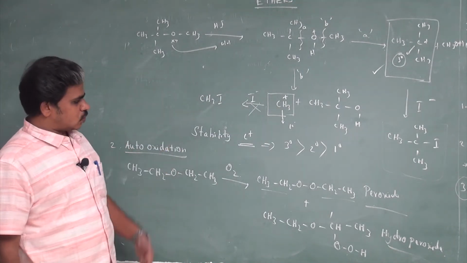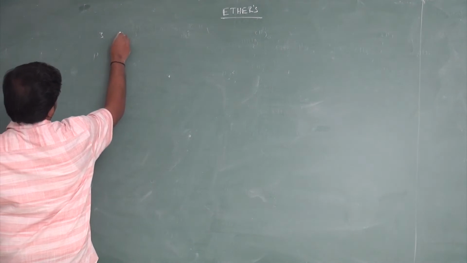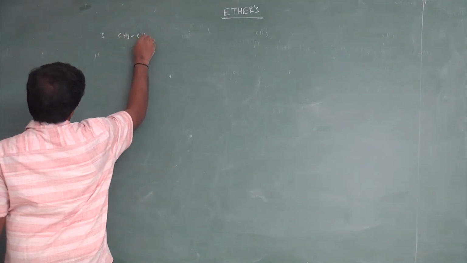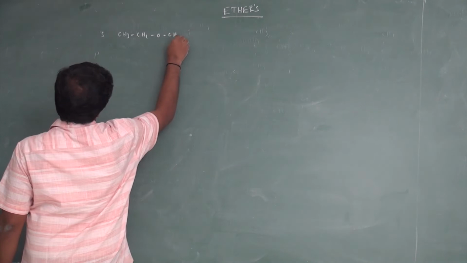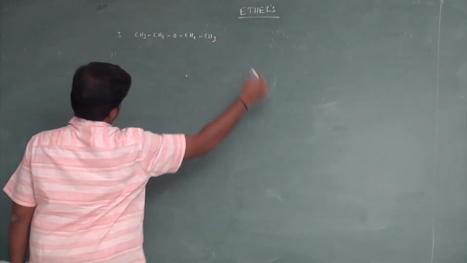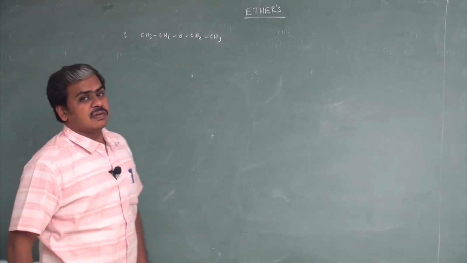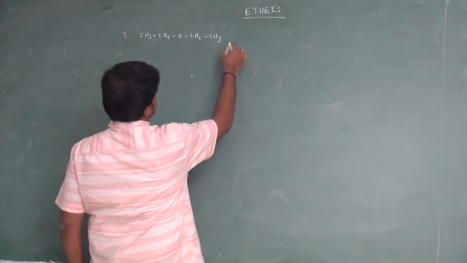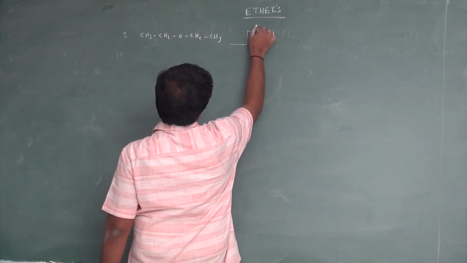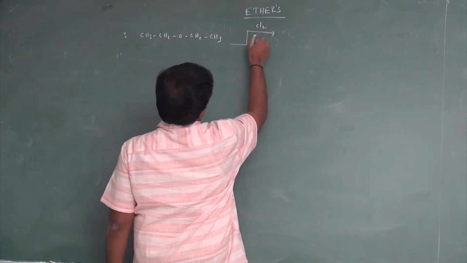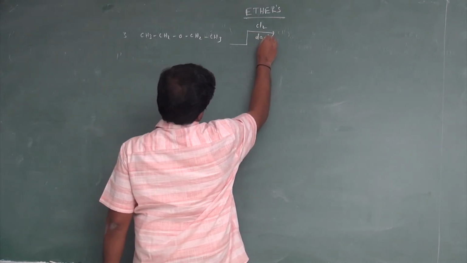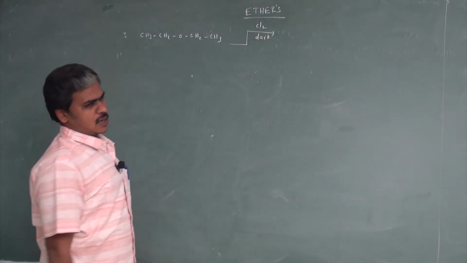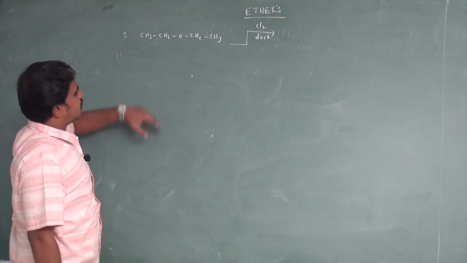And the next one: diethyl ether, CH3, CH2, O, CH2, CH3, is reacted with chlorine in dark condition. So what will happen here?